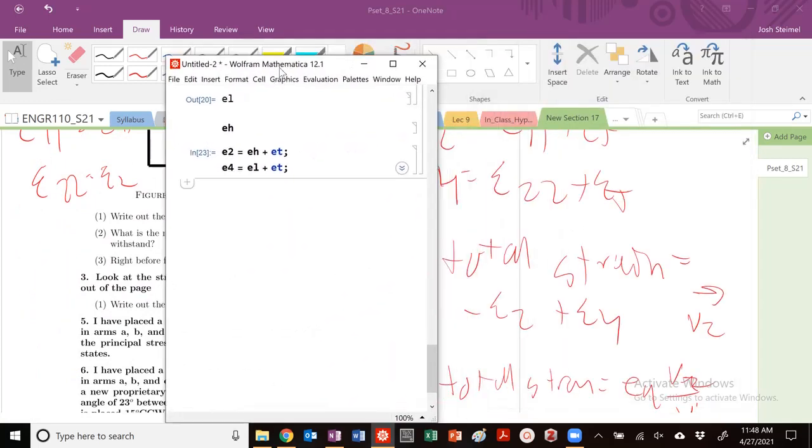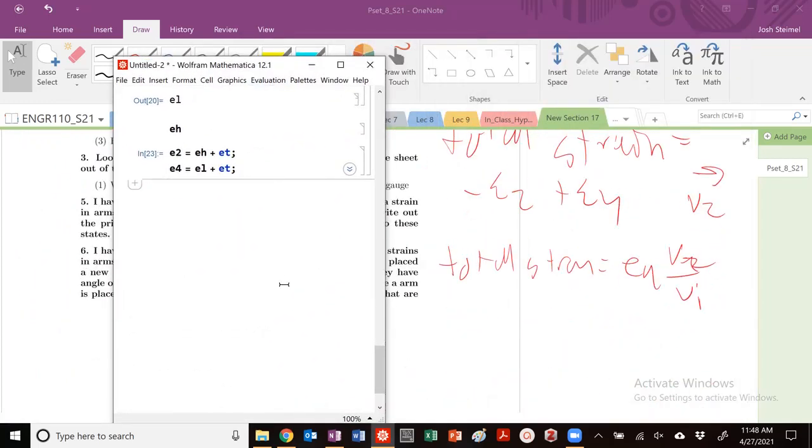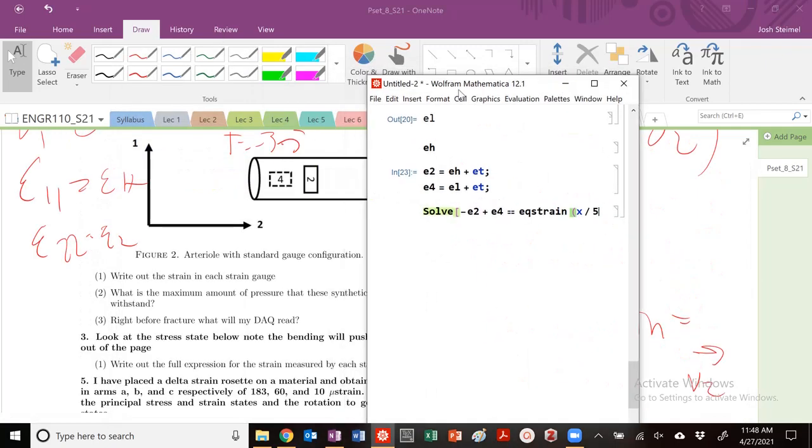Let's go back over here. So my total strain is minus E2, so I need to solve when minus E2 plus E4 equals my equivalent strain times the value that I don't know, divided by V1, which was 5 volts, I believe.